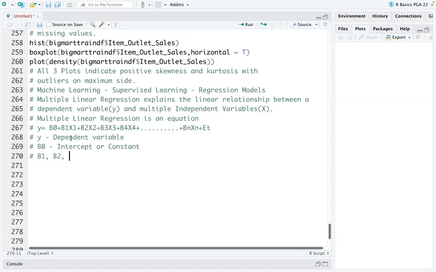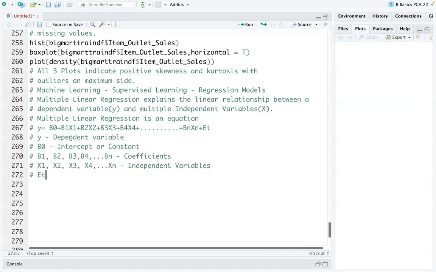Beta 1, beta 2, beta 3, beta 4 till beta n, we call them coefficients. X1, X2, X3, X4 till Xn, we call them independent variables.